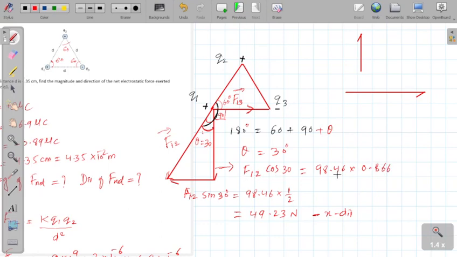We know that cos 30 is equal to 0.866. Its value comes out to be 85.26 Newton, and this is along the negative y direction, downward.